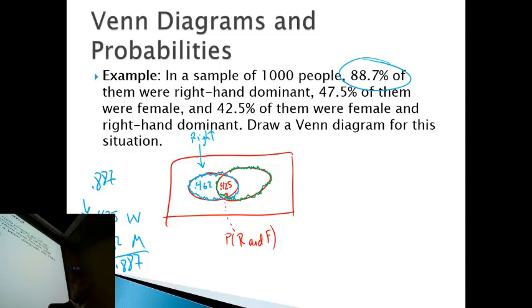So 42.5% are female. I'm sorry, 47.5% are female, and right-handed is 0.425, which means left-handed is 0.05.